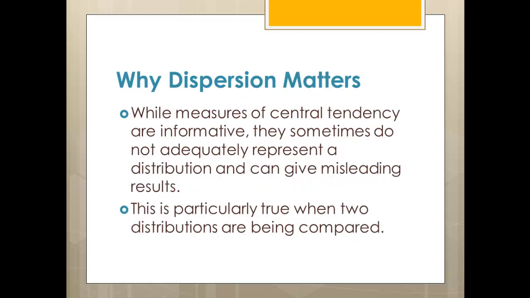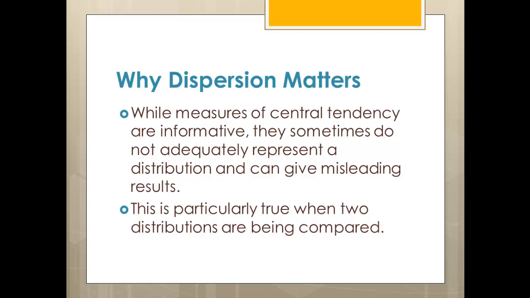Dispersion matters because it helps us determine whether our measures of central tendency and other statistics for that matter are informative, how confident we are in the results that they're representative. If we're not confident that the measures of central tendency or other statistics that we're using to represent the data are good, then why would we use them to hold them up and say, here's what the real level is in the population?